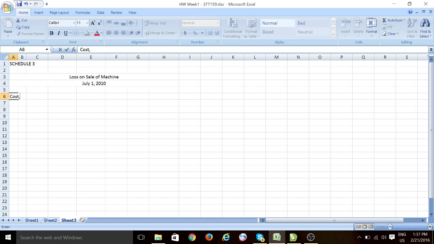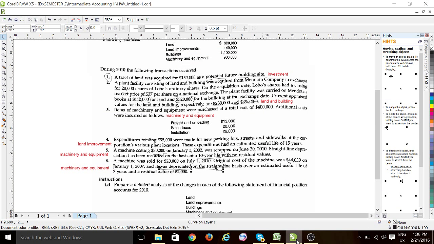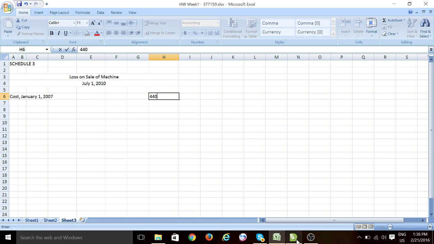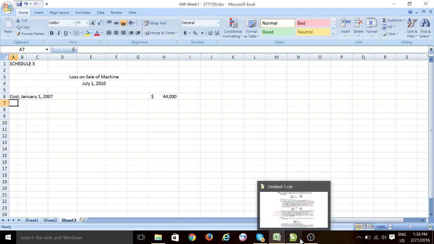We begin with the original cost when we acquire the item, that is cost January 1st, 2007. It costs $44,000. And then we calculate the accumulated depreciation.